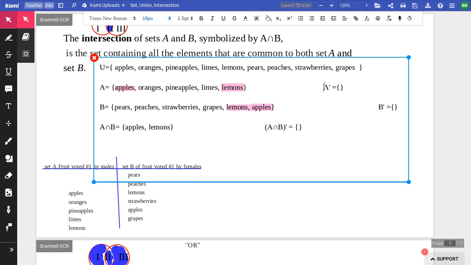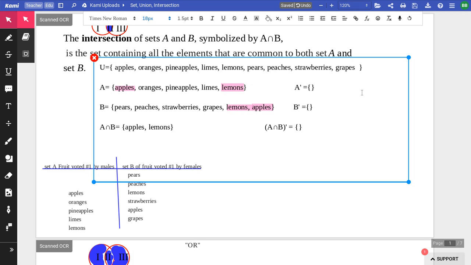Now, let's look at the other symbols that we have up here. So this is referring to what's not in A. So we know apples, oranges, pineapples, limes, and lemons are in A. What's not in A?